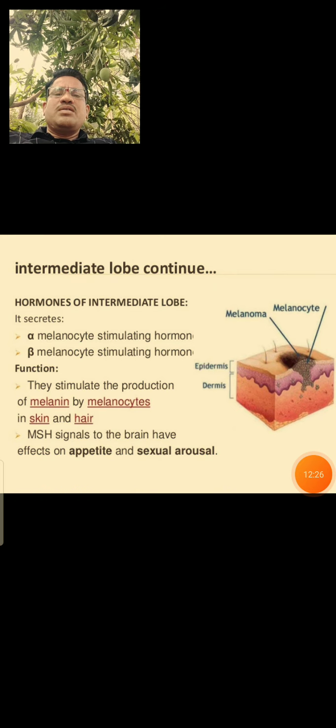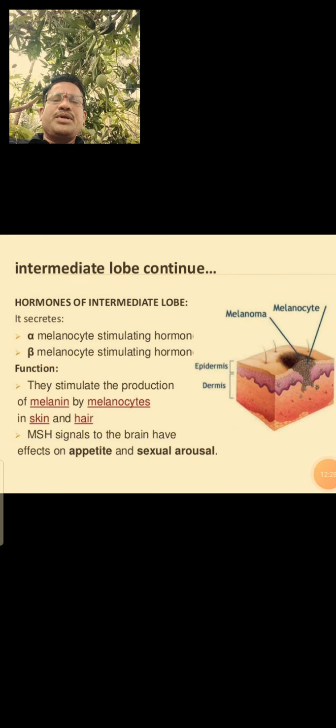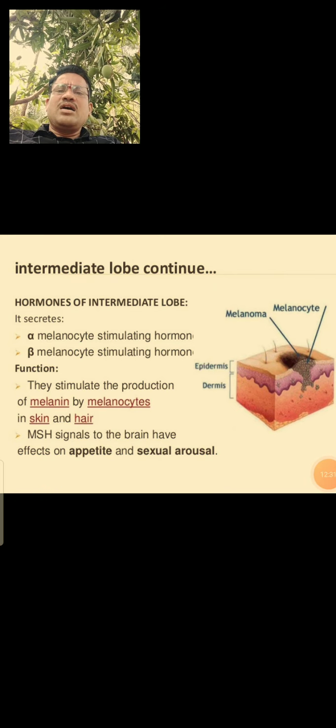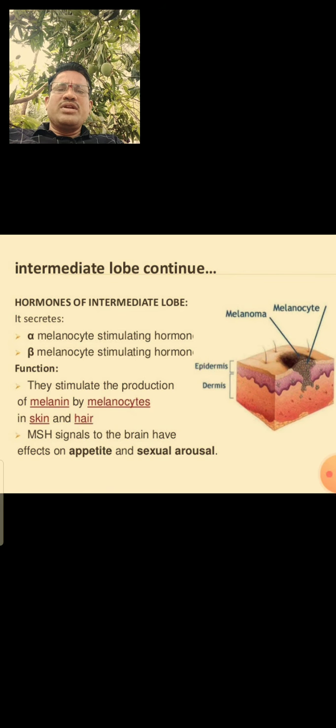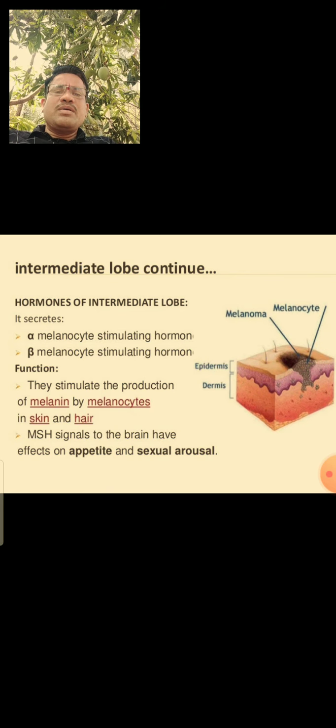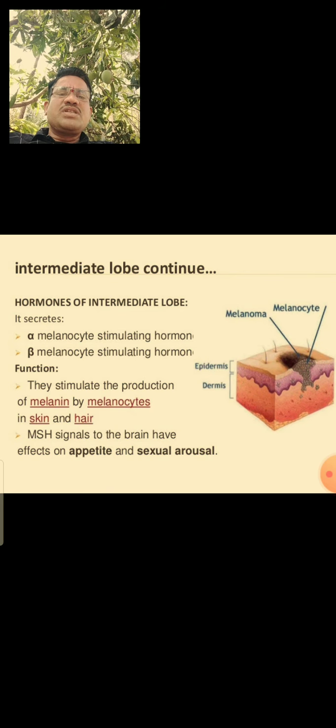Next, from the intermediate lobe of pituitary, there is a single hormone. The single hormone is MSH, that is melanocyte stimulating hormone. Right side, the picture of the skin, the melanocyte and melanoma, epidermis and dermis.